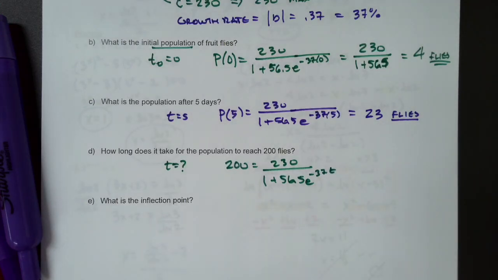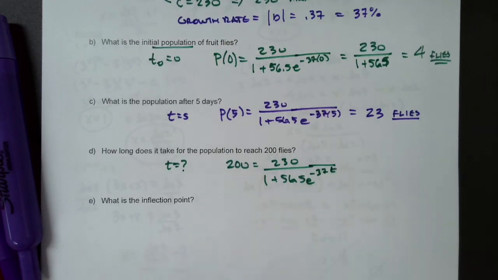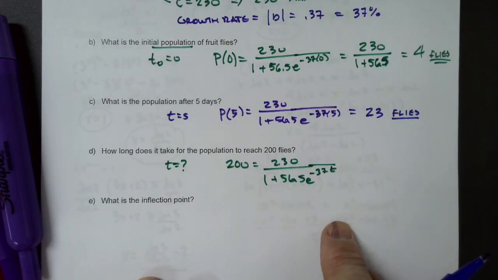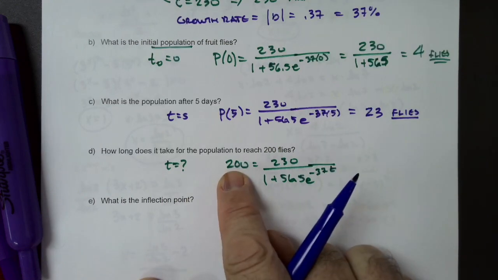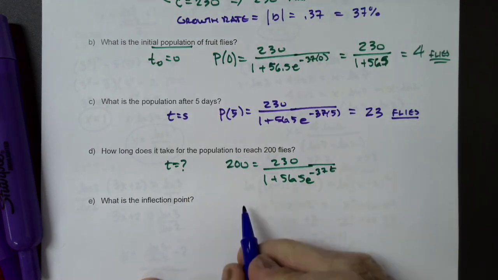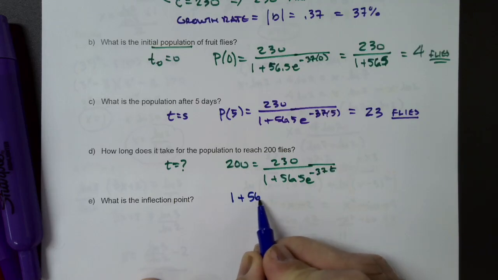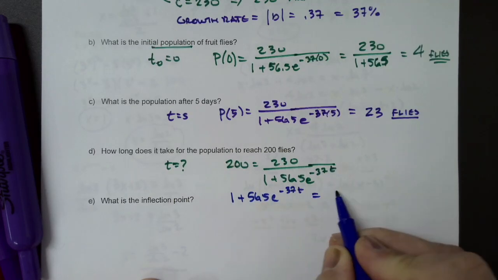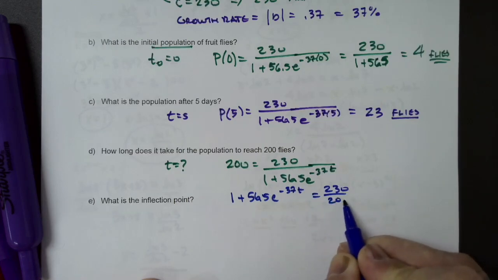Now, if I were using my calculator, I could just find the intersection of that. But let's just go ahead and do the algebra to solve this. What I'm going to do is multiply both sides by this to get that out of the denominator. And while I'm at it, I can just go ahead and divide both sides by 200 so that we have 1 plus 56.5e to the negative 37t equals 230 divided by 200.